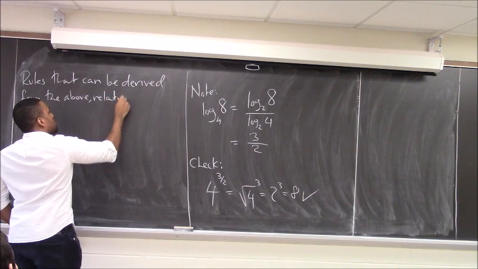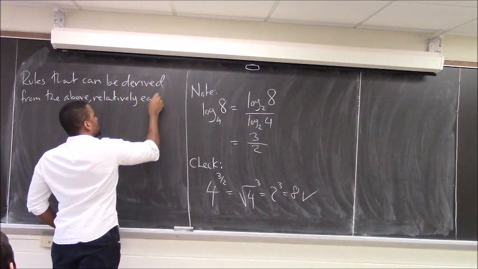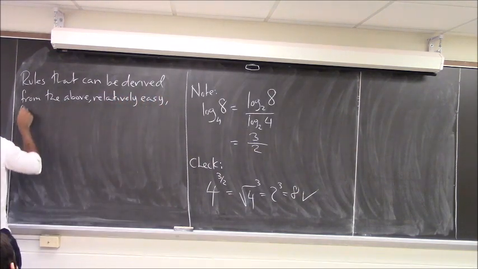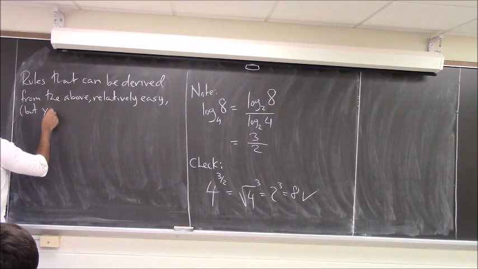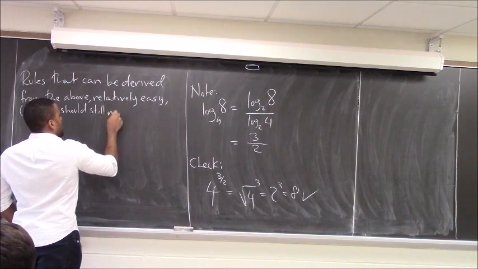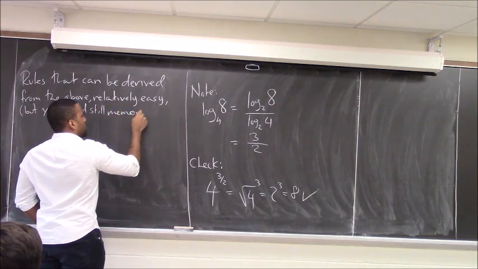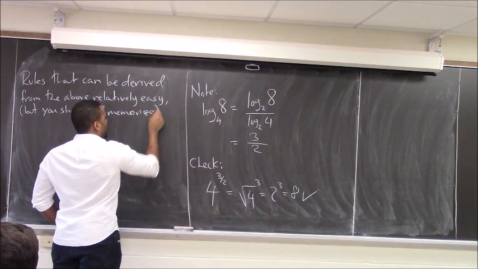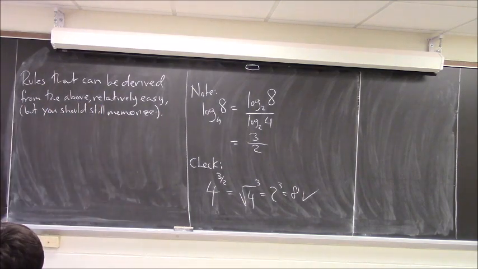But there are other rules that you can derive relatively easily. But I'd still recommend that you memorize them, even though you can kind of figure them out. It's usually just easier, makes your life easier to just know them right off the bat. So let's do some of those rules.